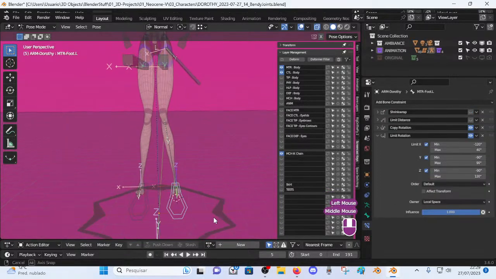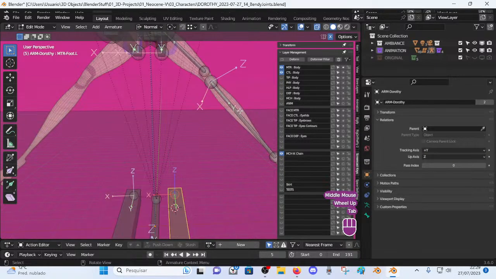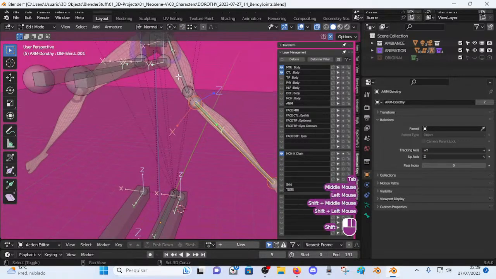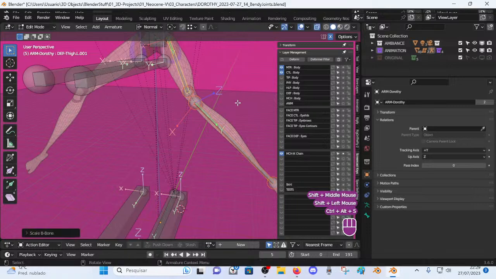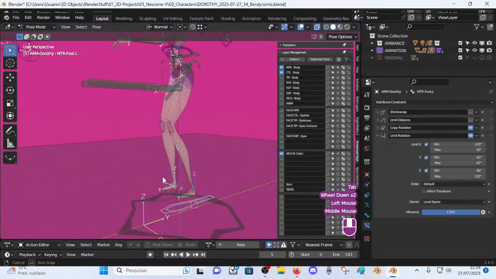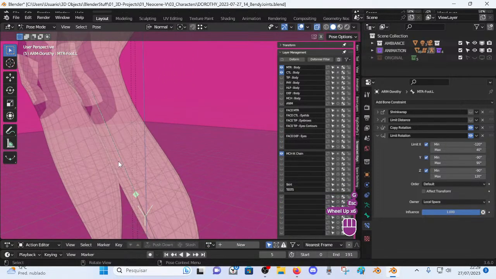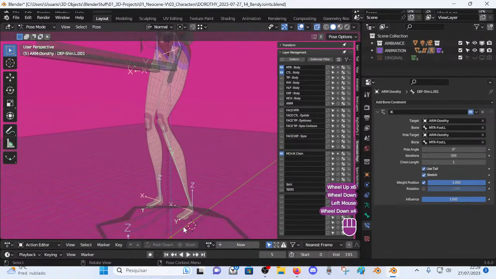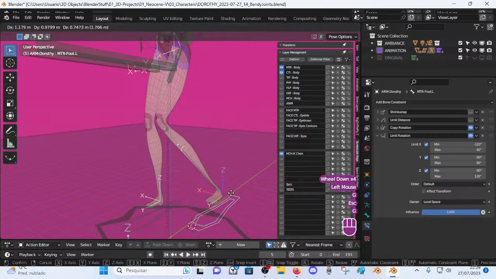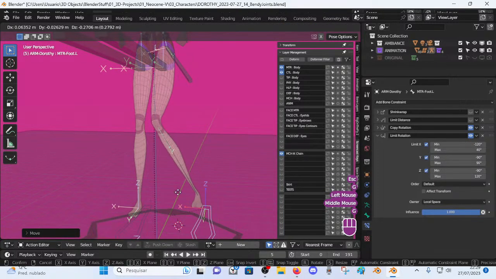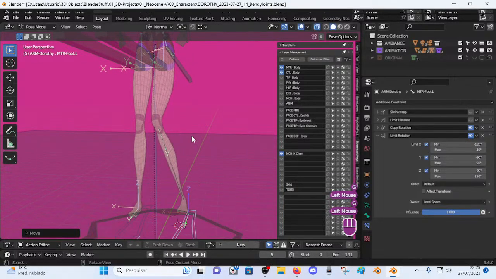Okay, so now what happened to the size of the B-bone size of these bones? Why does it become so tiny? I have no idea, but okay, so of course this bone is doing nothing except following.